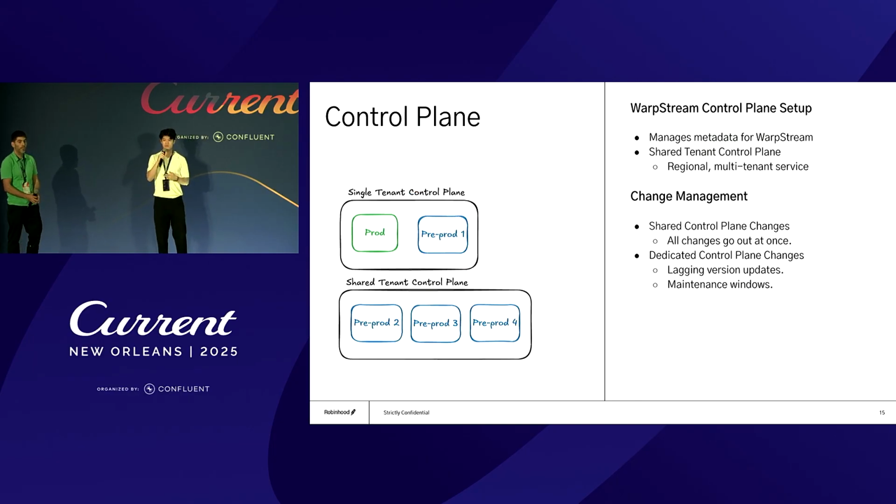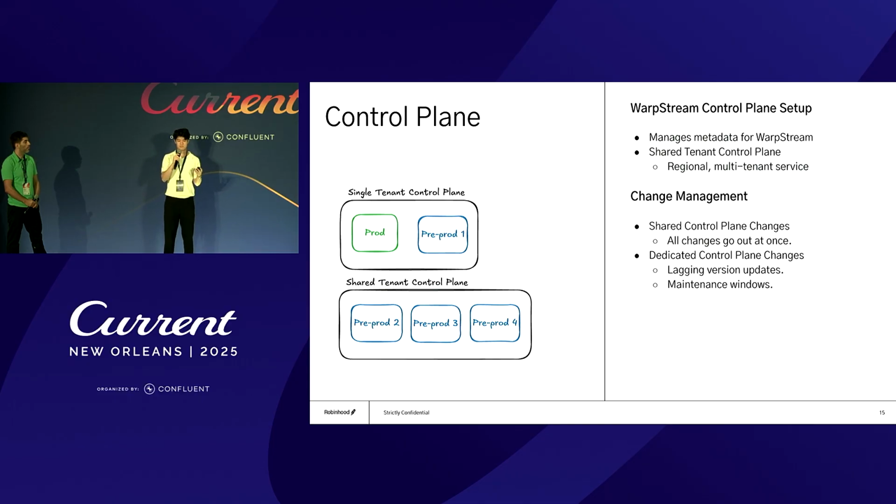Now that we've walked through the migration that we conducted, we also wanted to talk about how we set up the control plane. As mentioned before, the control plane is the WarpStream cloud that manages all the metadata for each WarpStream cluster, and it has its own version.